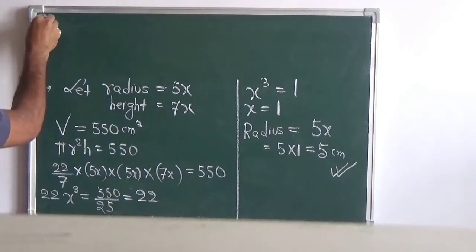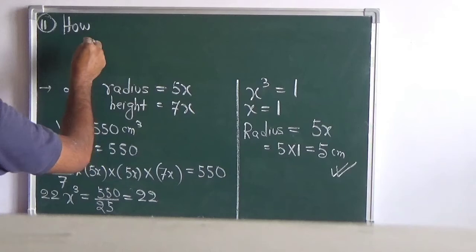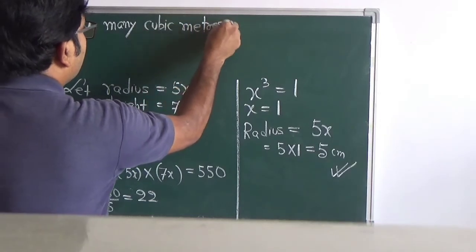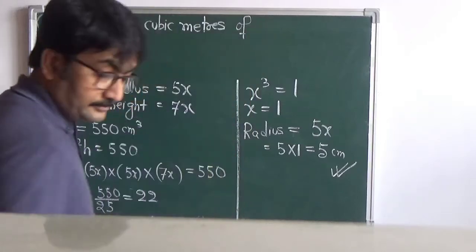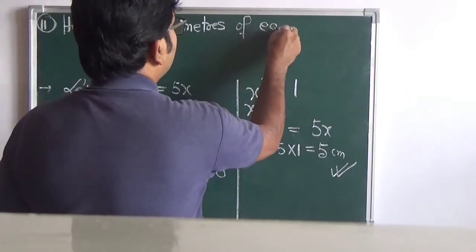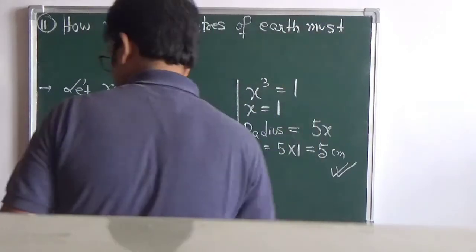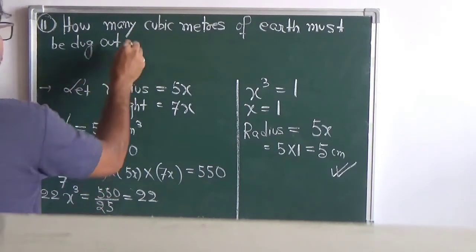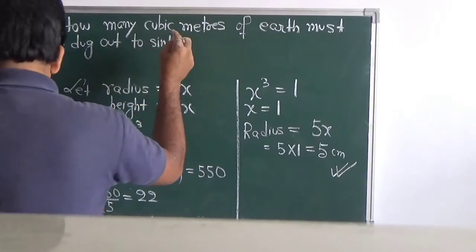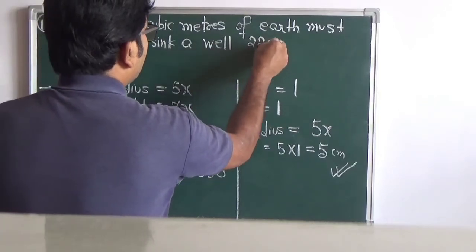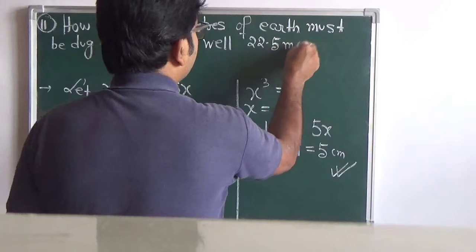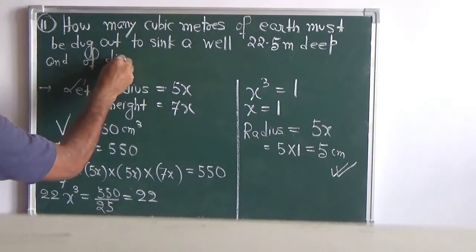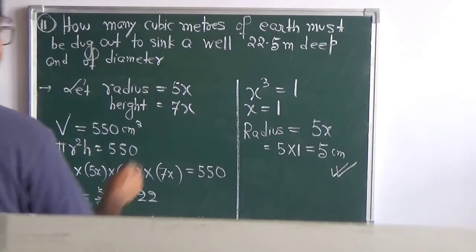Question number 11 we have, how many cubic meters of earth must be dug out to sink a well 22.5 meters deep and of diameter 7 meters.